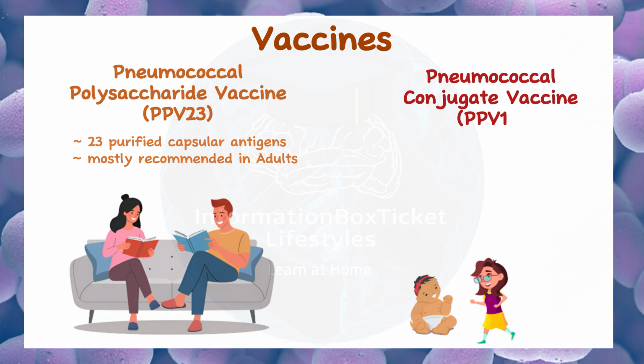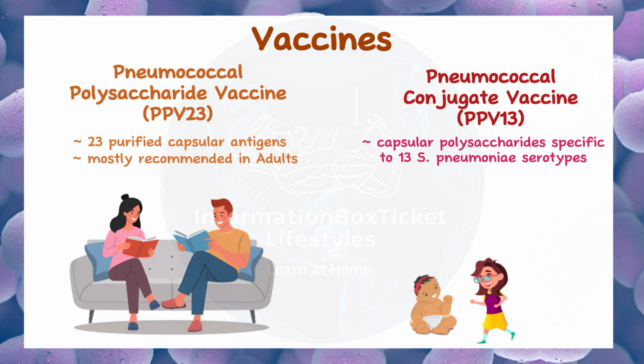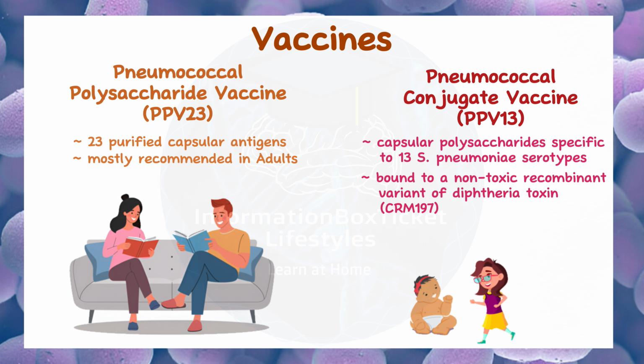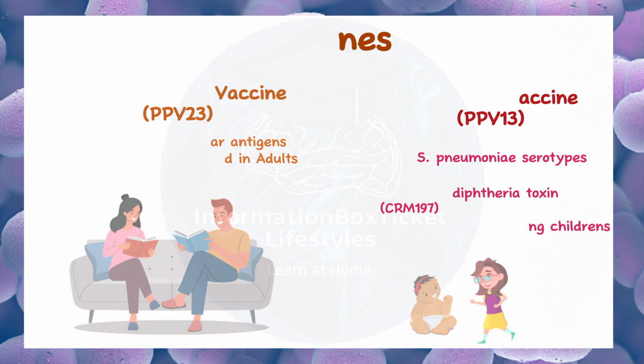The second group is the pneumococcal conjugate vaccine, PCV13, which contains capsular polysaccharides specific to 13 strep pneumonia serotypes bound to a non-toxic recombinant variant of the diphtheria toxin called CRM197, serving as a carrier protein. PCV13 is recommended for young children.